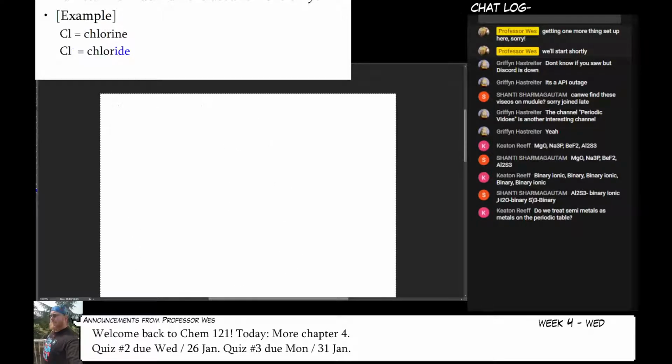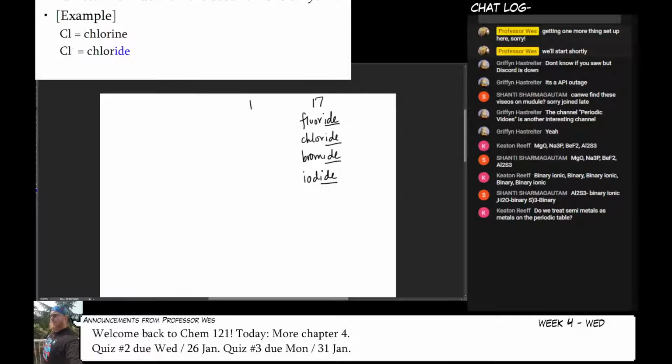So let me clear all this off the screen. And let me get a periodic table so I know which ones I should name. So I'm going to start in the top right, and I'm going to work my way to the left. So we've got fluoride, chloride, bromide, iodide, and so this is group 17.